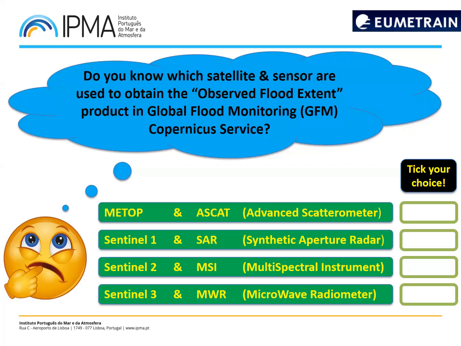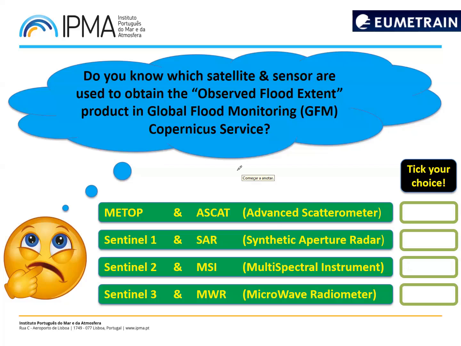The other one is Sentinel-2 with MSI, multispectral instrument. The fourth is Sentinel-3 with the microwave radiometer. So one of these combinations of satellite and sensor is used to obtain the observed flood extent. So I guess you will now be able to tick your choice.